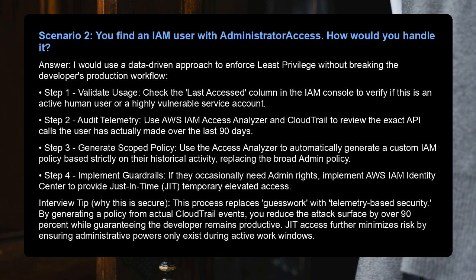Interview tip: why this is secure. This process replaces guesswork with telemetry-based security. By generating a policy from actual CloudTrail events, you reduce the attack surface by over 90% while guaranteeing the developer remains productive. JIT access further minimizes risk by ensuring administrative powers only exist during active work windows.